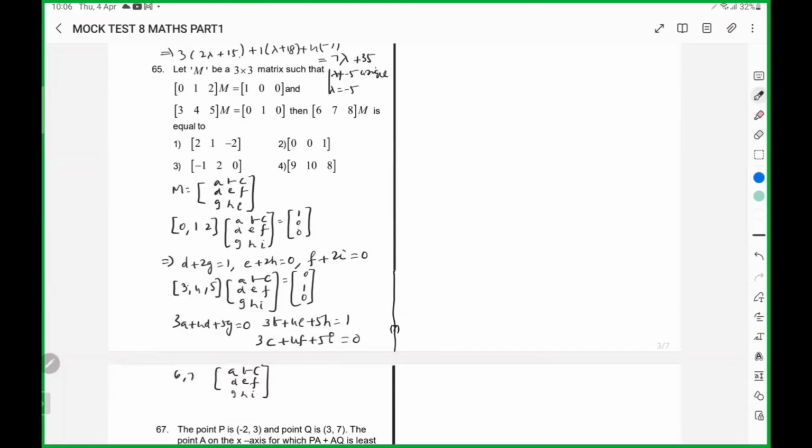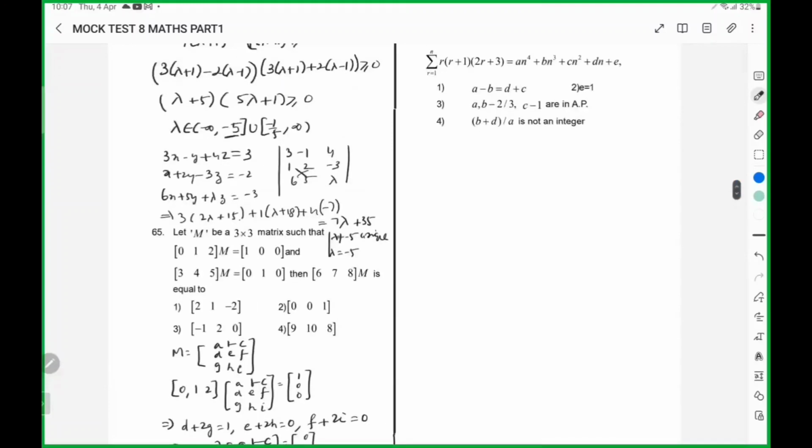It is 6A plus 7D plus 8G, 6B plus 7E plus 8H, 6C plus 7F plus 8I. So what is its value?